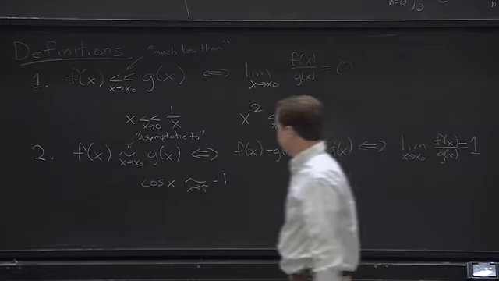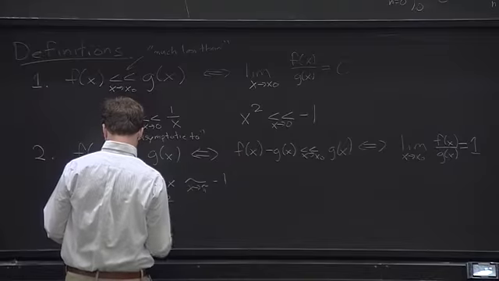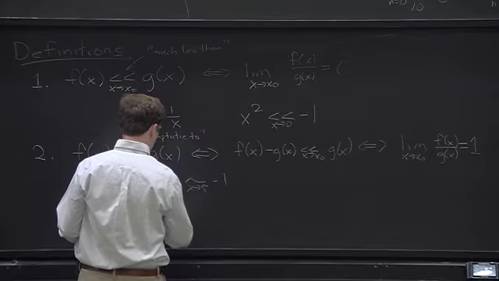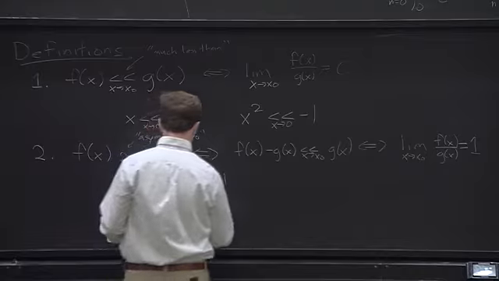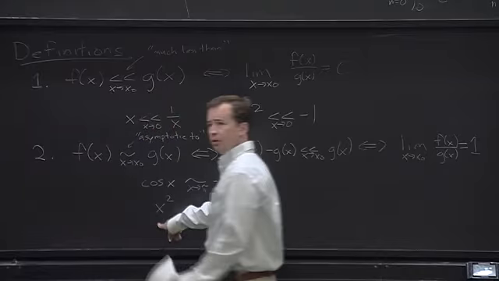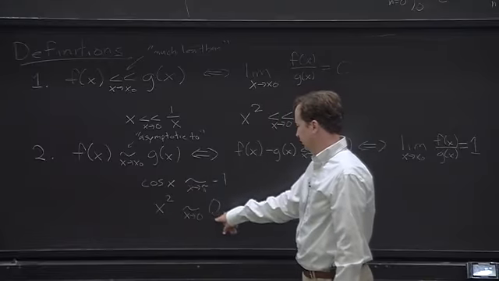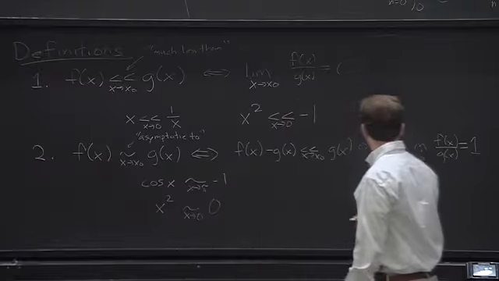That's exactly what you'd expect. Here's another example. x squared goes to 0 as x goes to 0. So we might want to write x squared is asymptotic to 0 as x goes to 0. But let's check and see if that makes sense.